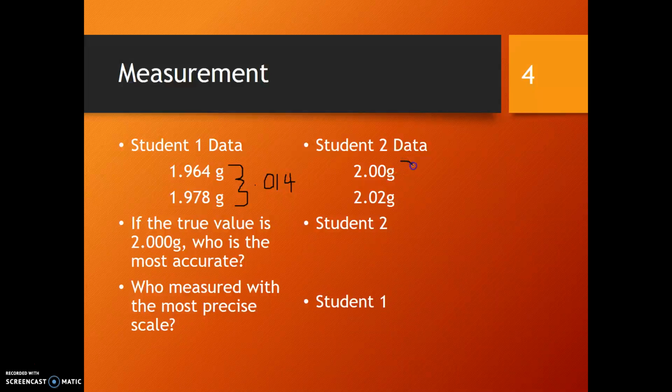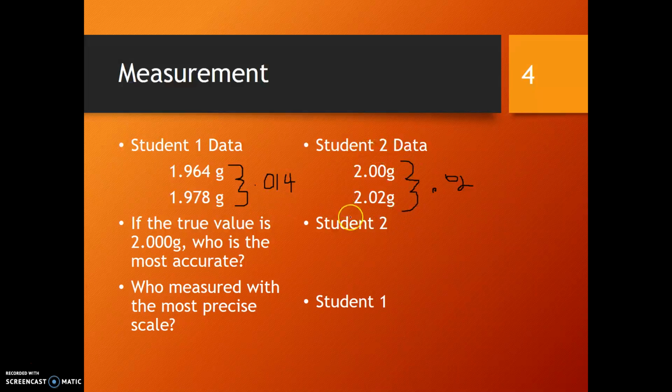If I find the difference between the two values for student 2, they're actually 0.02 apart. And so the difference between them is greater than the difference for student 1. So we would say that student 1 was more precise because their measurements were closer together.